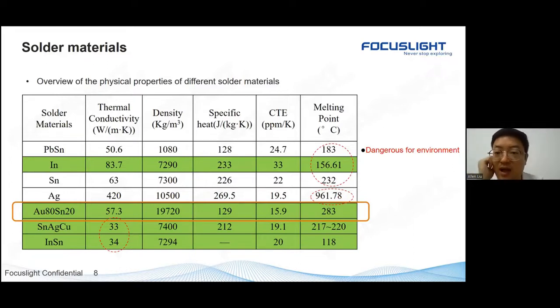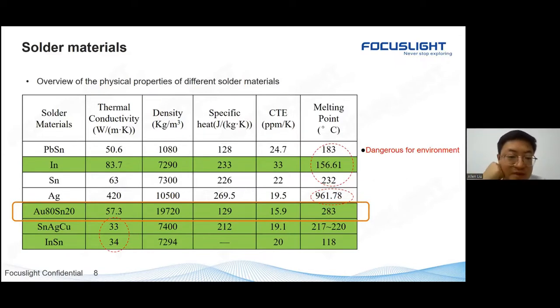Then we need a CTE close to the laser chip to get a very low stress application. And we also need to consider whether the solder is good for the environment, because, for example, lead is very dangerous for the environment.